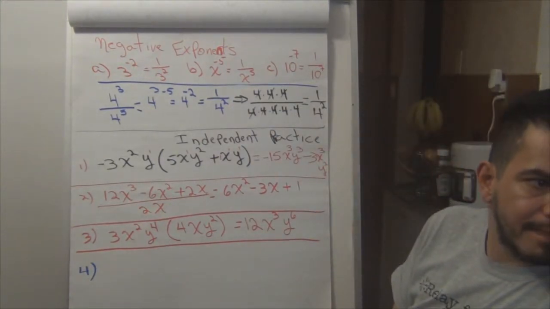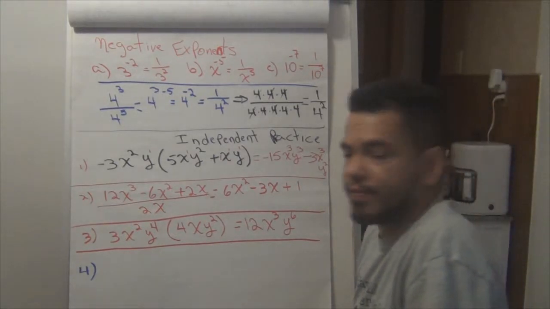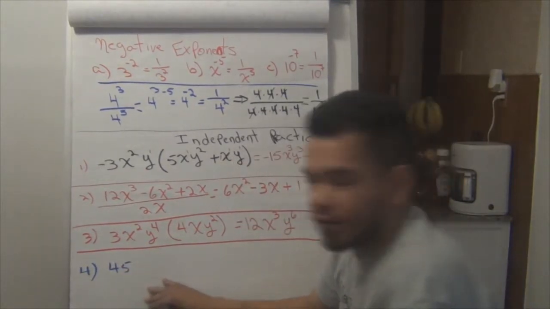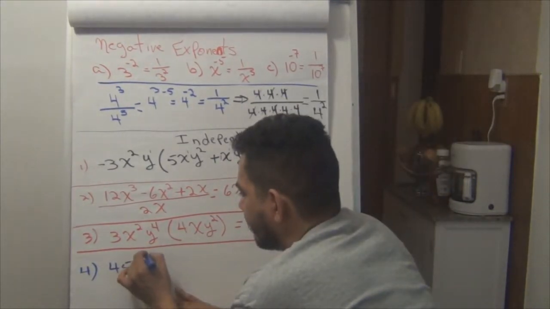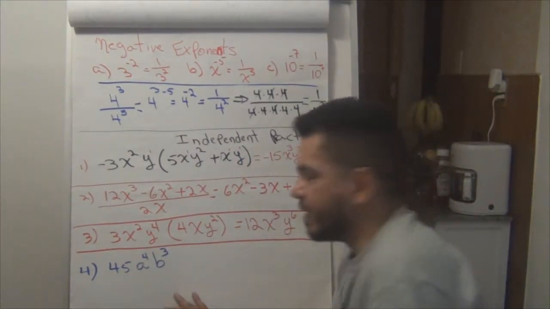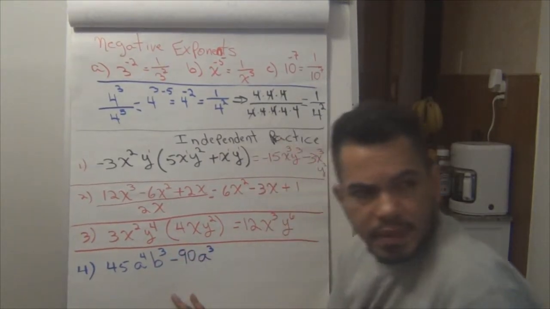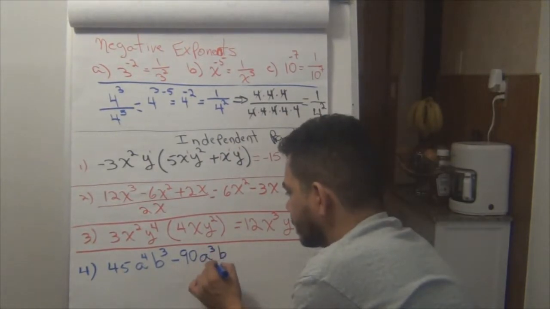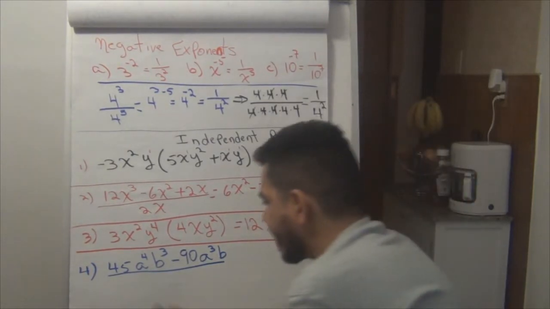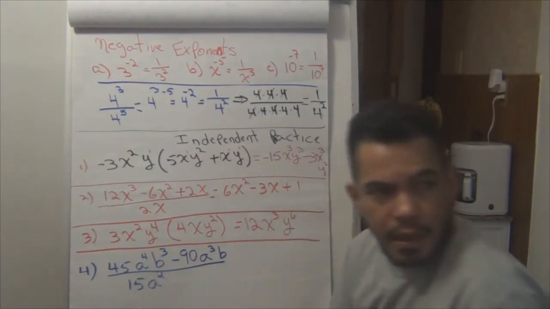Okay. It says 45a to the fourth b to the third minus 90a to the third b, divided by 15a to the second b.